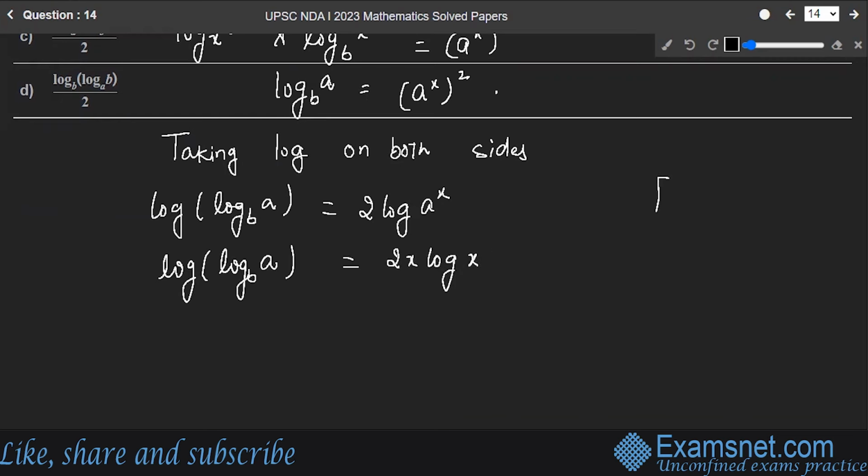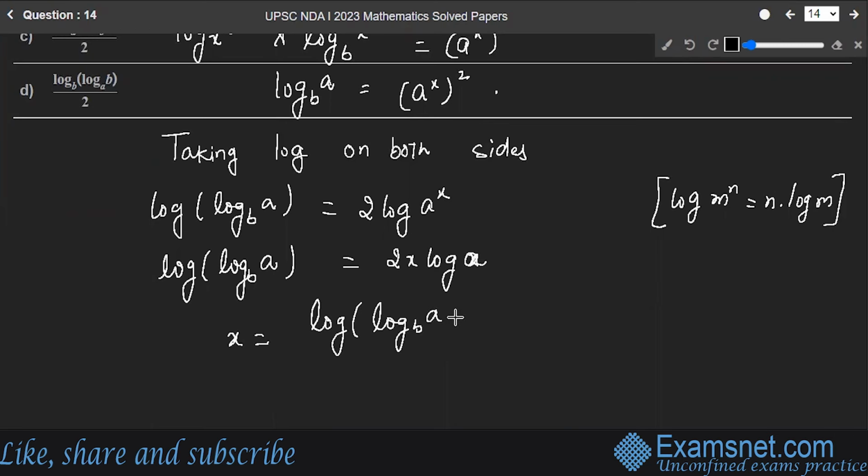I hope what I'm doing over here, you know this. Log of m raised to power n is equal to n into log m. So here x can be written as log of log a to the base b upon 2 log a.